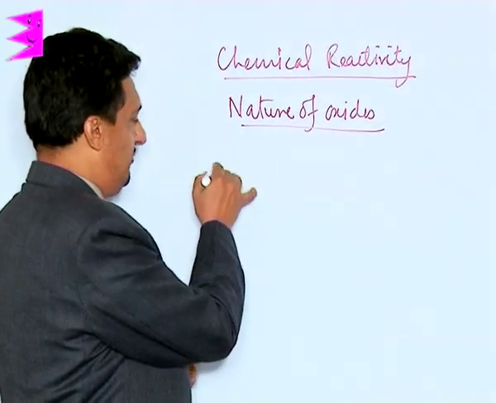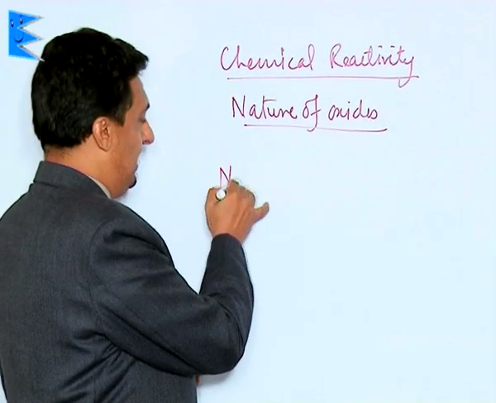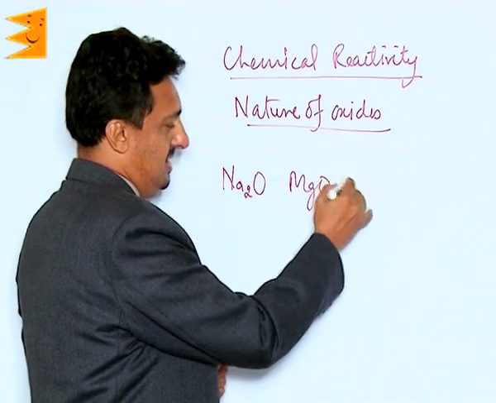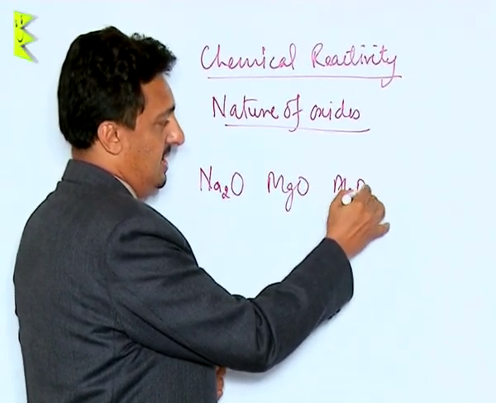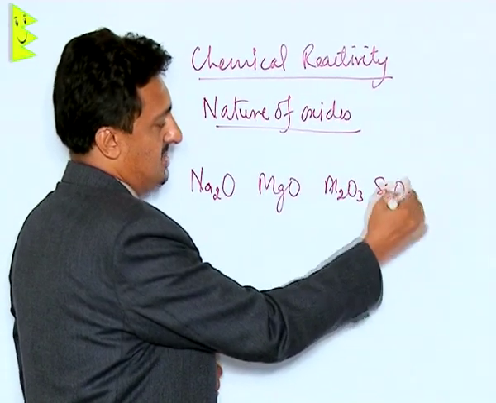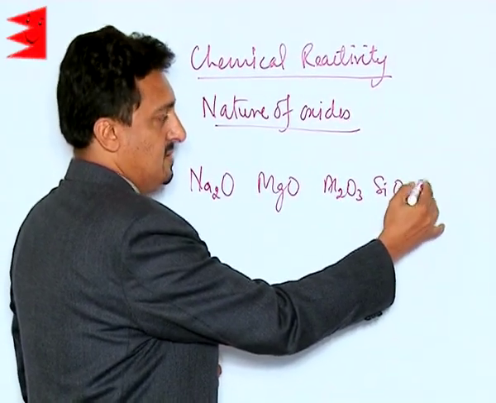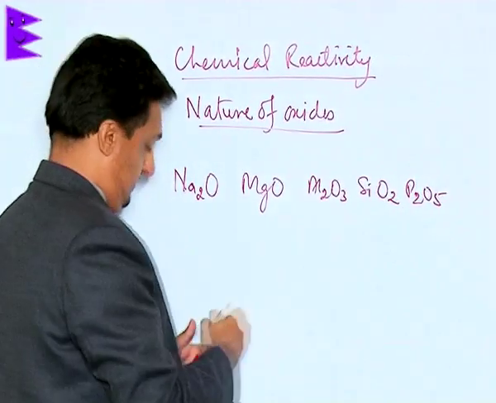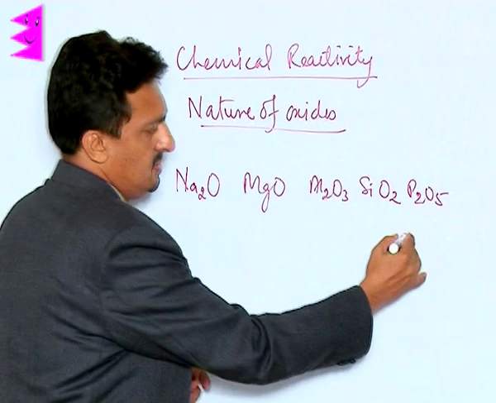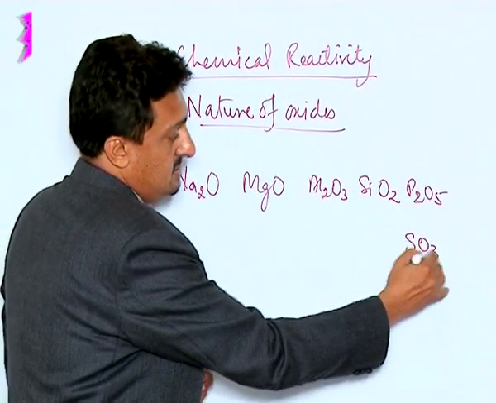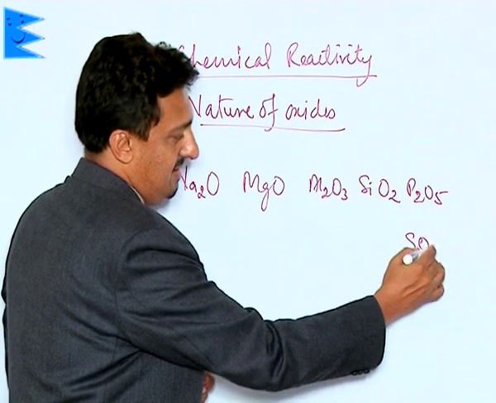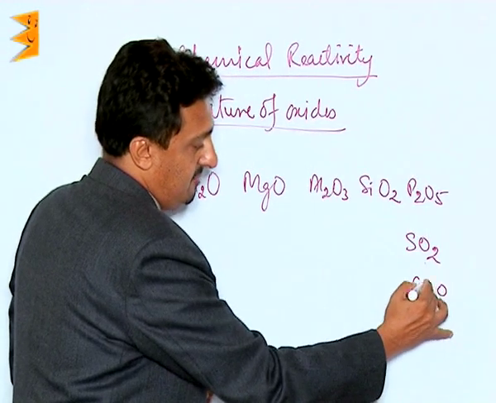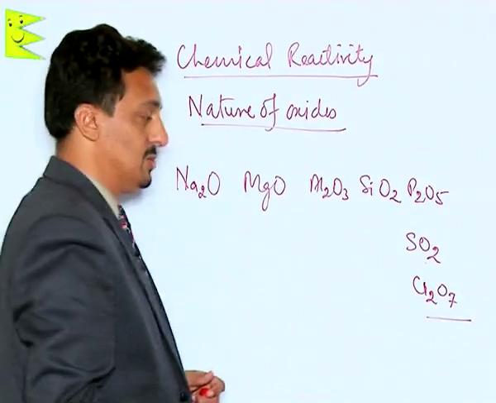Let us take the example of the third period elements. They form sodium oxide, then we can have magnesium oxide, then aluminium oxide, then silicon dioxide, then phosphorus pentaoxide, then sulfur trioxide, and then chlorine heptaoxide, Cl2O7.